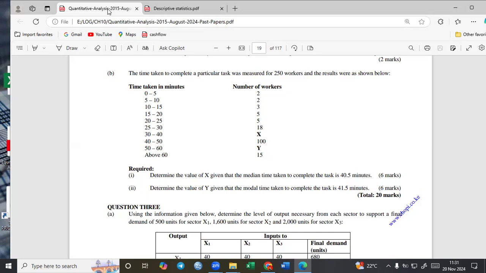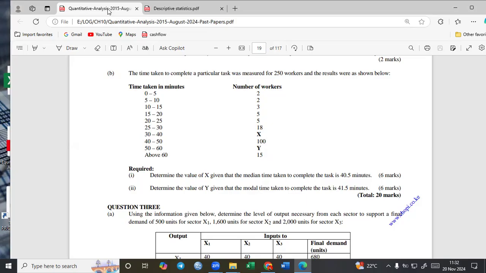I will read it. The question says, the time taken to complete a particular task was measured for 250 students, and the results were shown below.